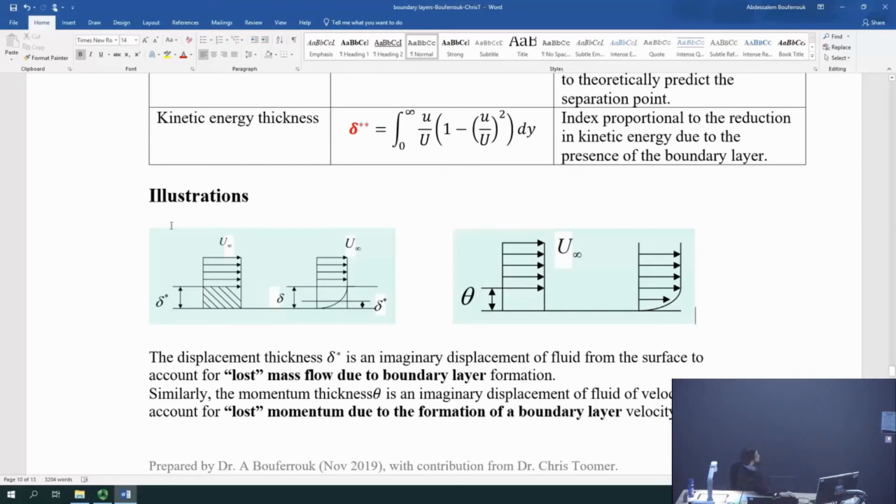So the free stream speed is u infinity. And now we compare this situation. In this case, of course, what you notice very quickly is that because there is no boundary layer, there is no change in speed. The speed is all the same everywhere, and it's u infinity.